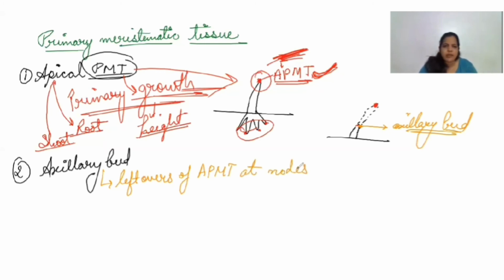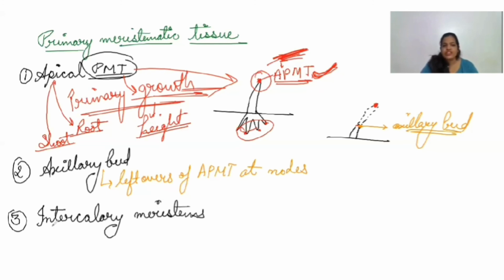Now these axillary buds can form branches, flowers, anything. Okay, then we have the third kind of primary meristematic tissue, and that is intercalary meristems.